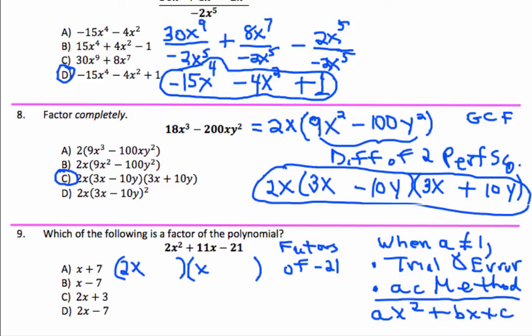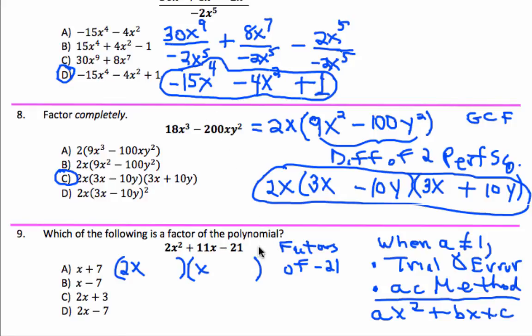You know 21 times negative 1 equals negative 21, etc. Instead of trying each pair to see which one makes the multiplication come out right, we can use the choices they gave us because we know one of them is correct. So let's start with choice A and see whether that is the correct choice.